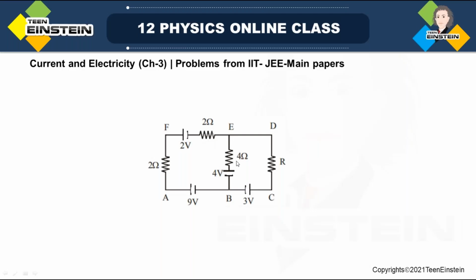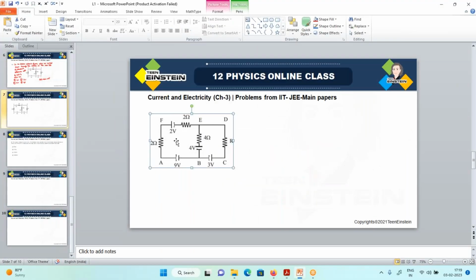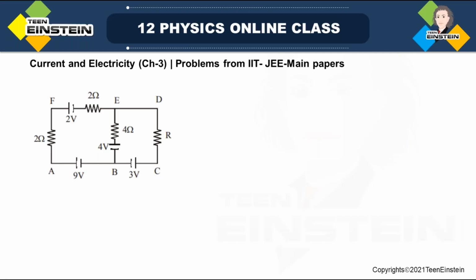If we consider VD to be 0, then what about VE? They are just connected by this wire.